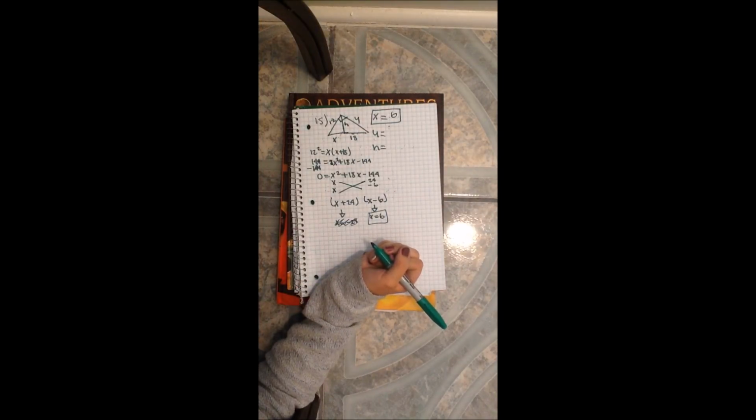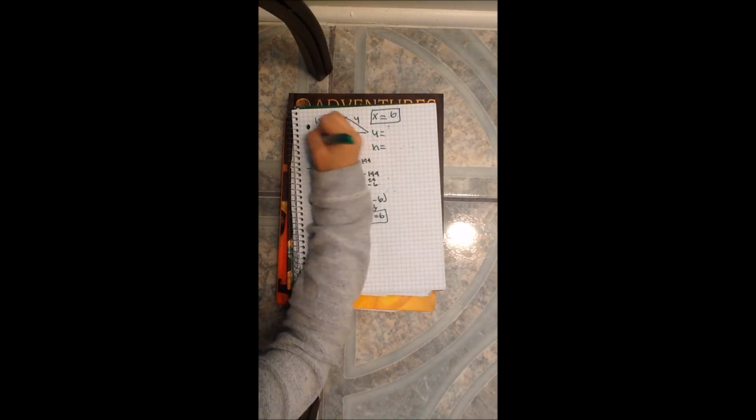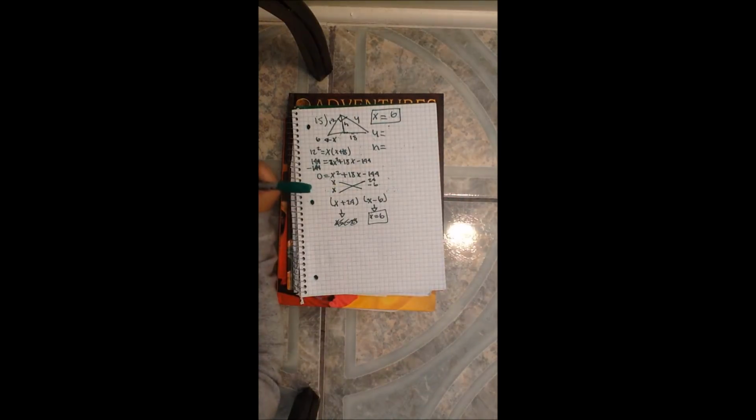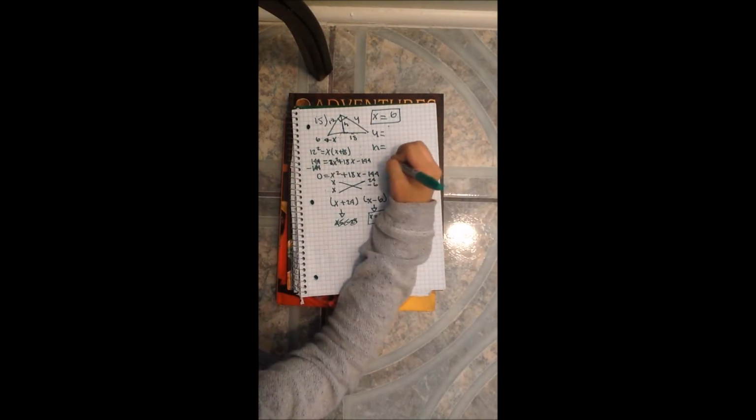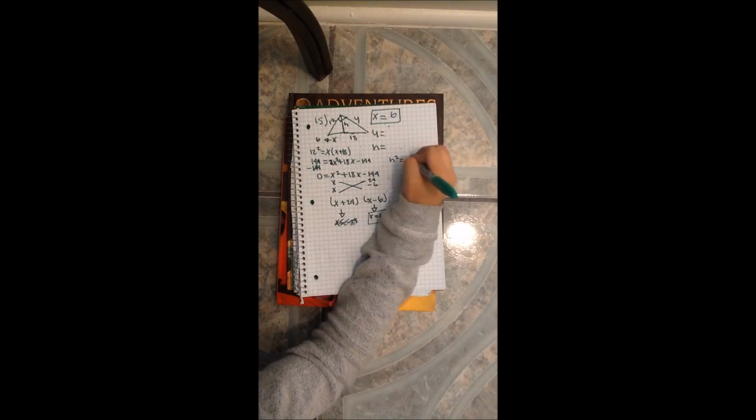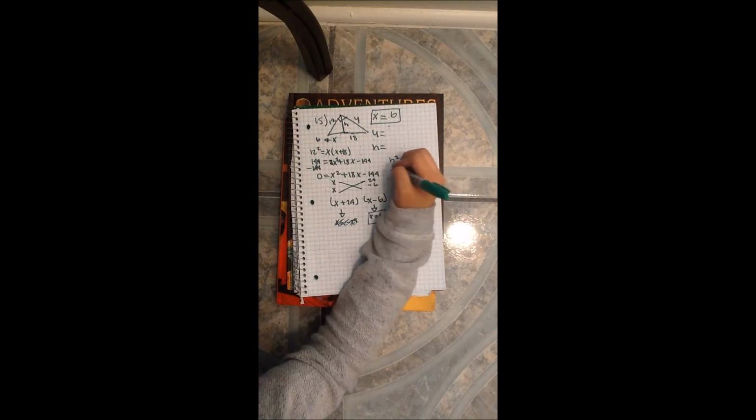And now that I found x, this would equal 6. And now I can find my h. So h squared equals 6 times 18. And then h squared equals 108. So 108, you factor it.